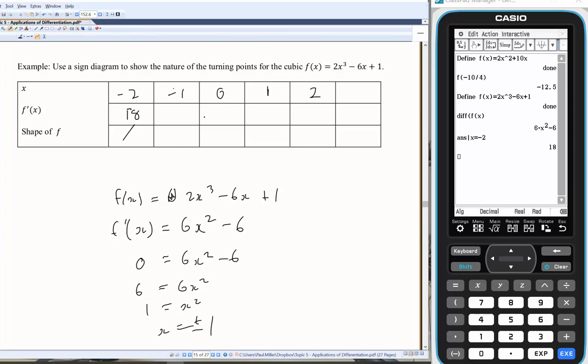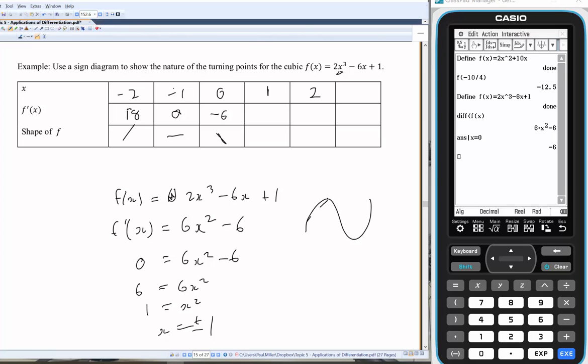It's got a positive gradient. Now when I change this to negative 1, hopefully you know what's going to happen. It should have a 0 gradient, and it does. So we're going to say that it's 0 there, which means we've got a horizontal line. Now what should happen here is that we should get a negative gradient at 0. Let's see if that happens. Indeed. And so our cubic is going to give us this shape here.